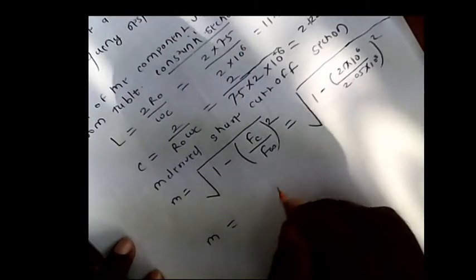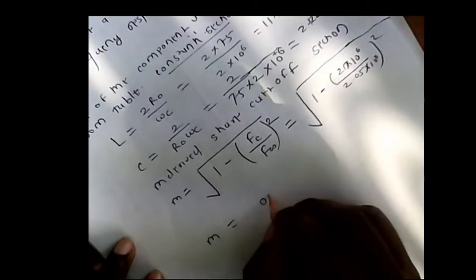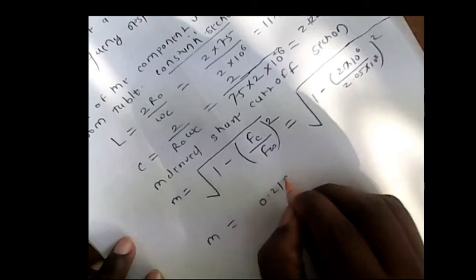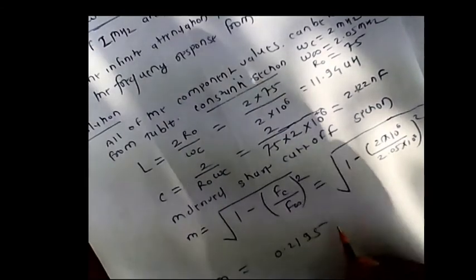So we can get, after solving, the value of m equal to 0.2195, and according to the condition for the sharp cutoff, the value of m must be less than 0.6. So this value for the sharp cutoff is less than 0.6, which is satisfied.